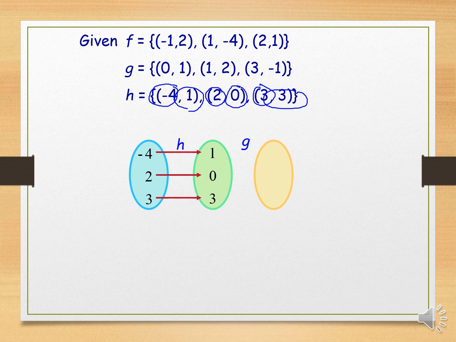For function g, the domain is 0, 1, 3, and the range is 2, 1, -1.